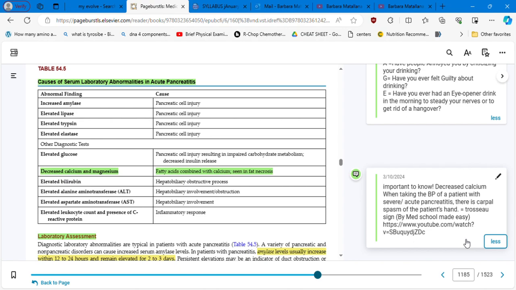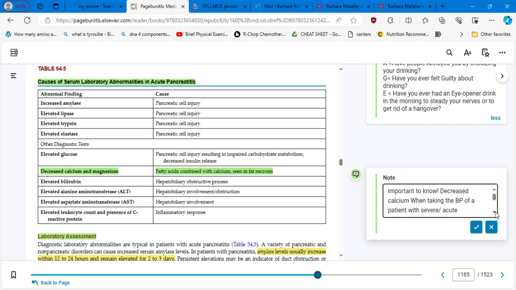There is one sign called the Trousseau sign, and this one will help you if you're going to be an ER nurse and you have a patient with mid-epigastric or left upper quadrant pain and you are taking the blood pressure.